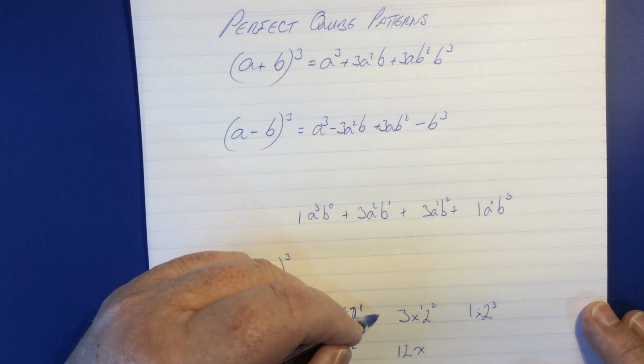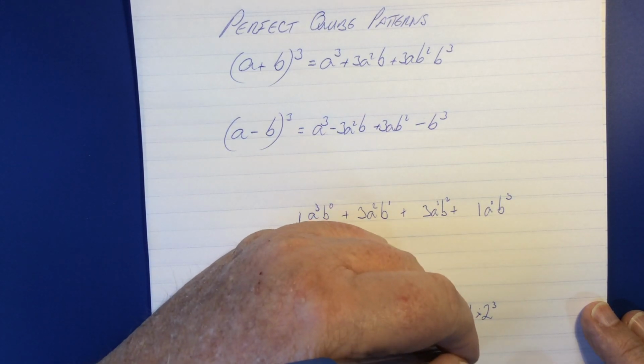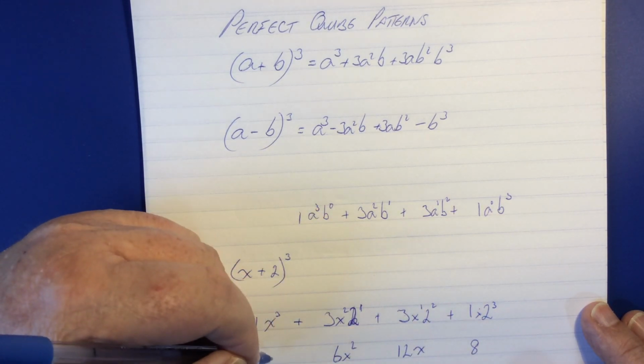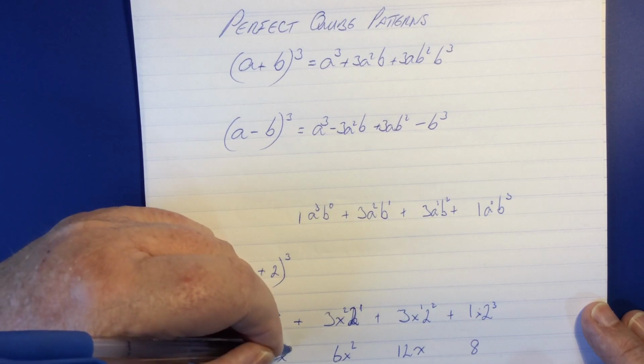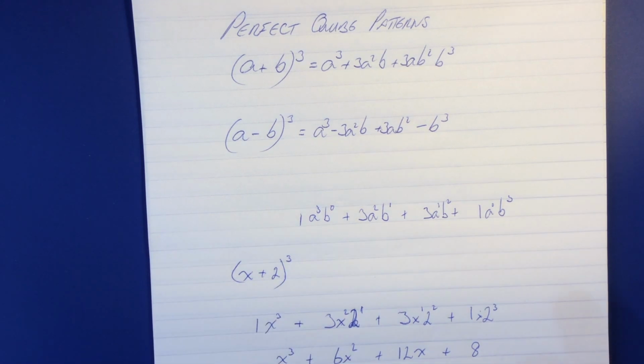So just to recap, and sorry about the mess here, this expands, according to this rule, to x cubed plus 6x squared plus 12x plus 8, which is what this is. So let's get that all written and tidied up, and there we are.